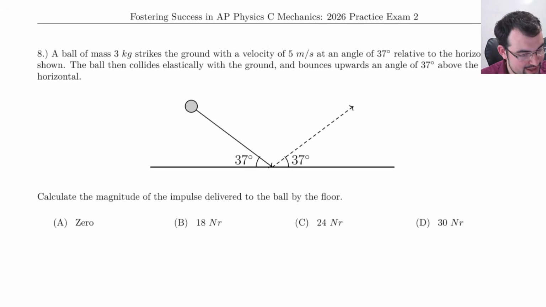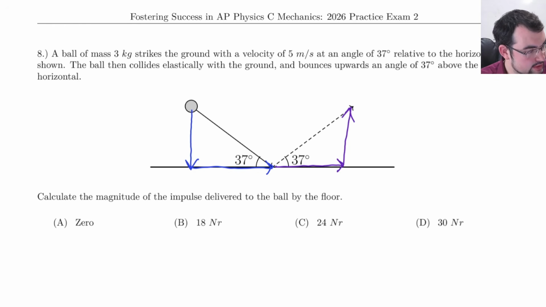All right, a ball of mass 3 kilograms strikes the ground and bounces elastically with the ground, so it's going to have the same speed. And we want the magnitude of the impulse delivered to the ball by the floor. So if we look at the vectors of what's happening here, we see that we're moving down and to the right, and then we're moving up and to the right.